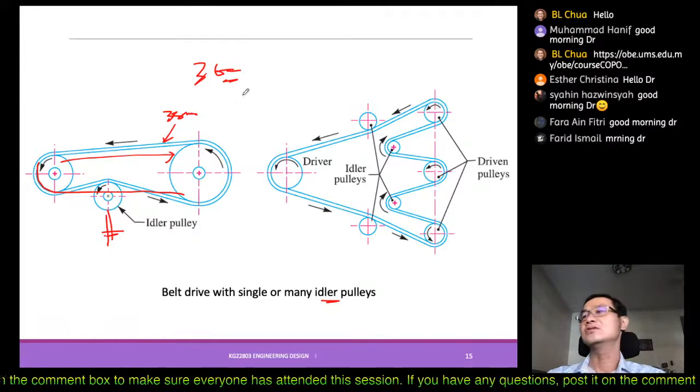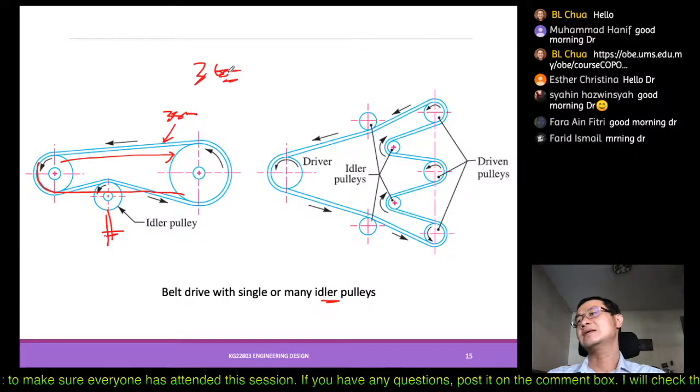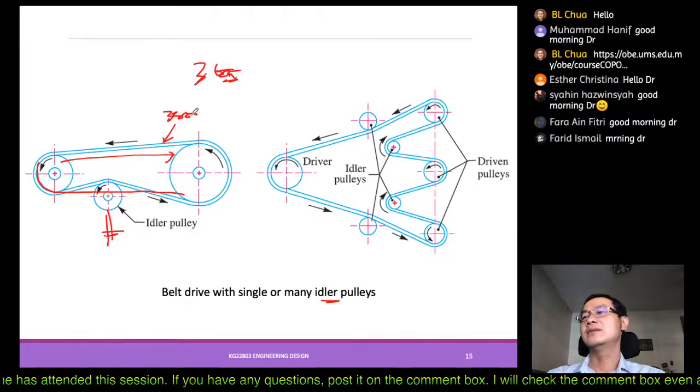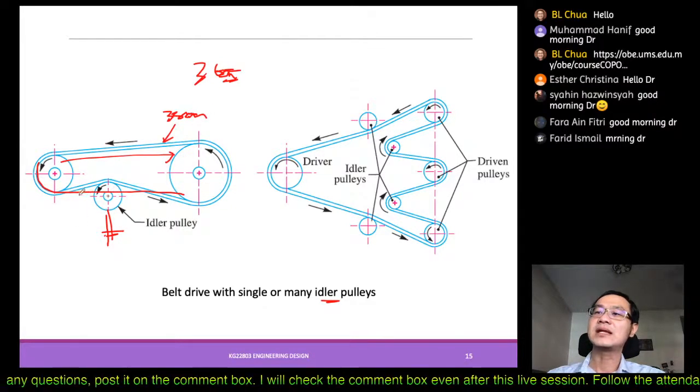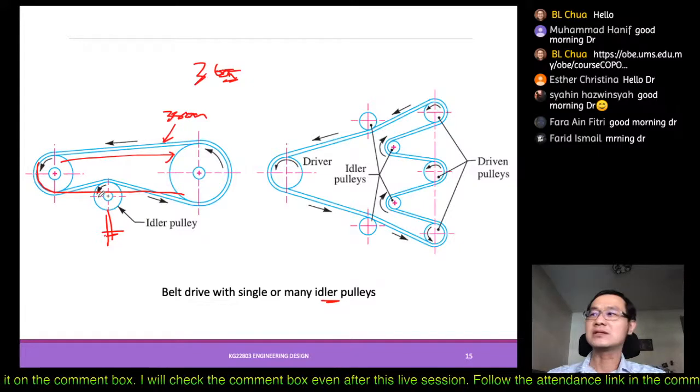So if this is centimeters, then you will see that there is 1 centimeter of looseness over there.